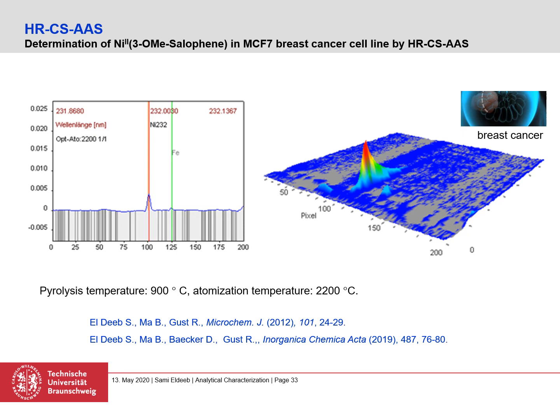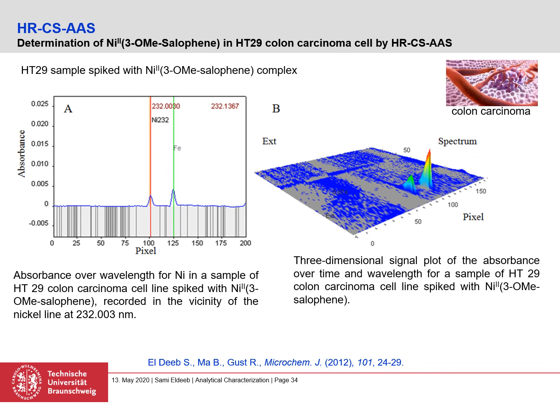Here I have used the instrument to study the uptake of a nickel-methoxysilophane complex, a potential anti-cancer drug, by a breast cancer cell line, and here also to study the uptake of the complex by colon carcinoma cells.